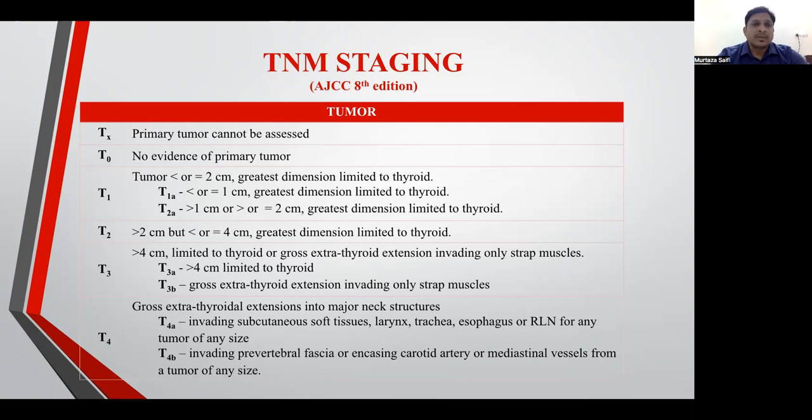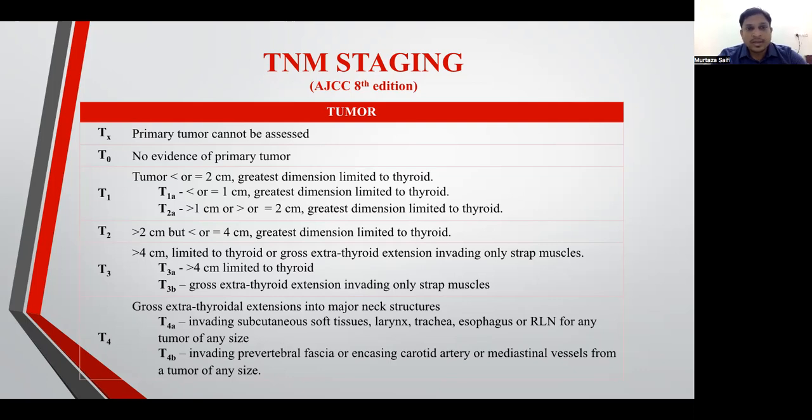Then T1. Here it can be classified as tumor less than or equal to 2 centimeter in greatest dimension, limited to the thyroid. In T1a, less than or equal to 1 centimeter, greatest dimension limited to the thyroid gland.